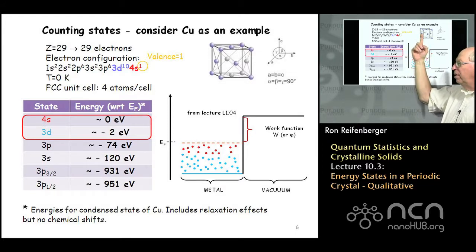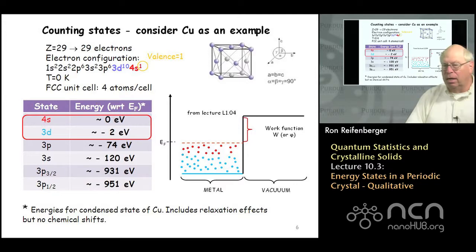So you end up with 6 faces times 1/2 gives you 3. So there's 3 atoms on the faces, there's 1 atom on the corners, so there's a total of 4 atoms per unit cell.